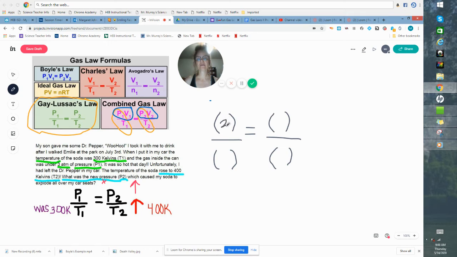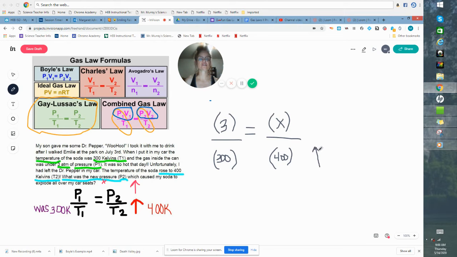P1 was 3 atmospheres, T1, 300 kelvins. P2 is my X, that's what I'm solving for, and temperature rose to 400 kelvins.